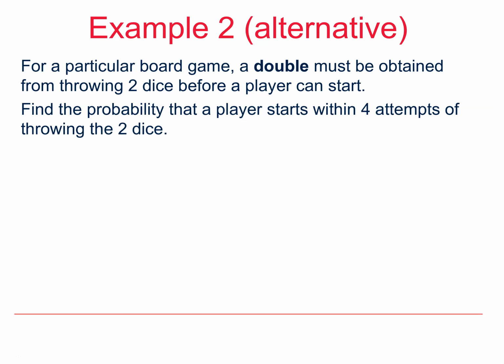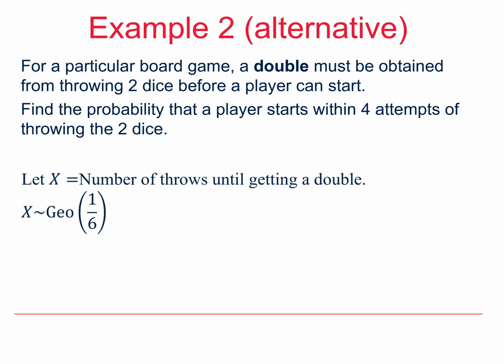Here's an alternative way of thinking about this. Same situation, but this time, instead of calculating each of the terms for x less than or equal to 4, we'll work out the probability of x being greater than 4 and subtract that from 1. Now, the probability that x is greater than 4 is what happens if we don't get a double until after the fourth go.